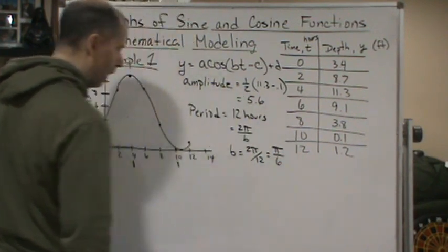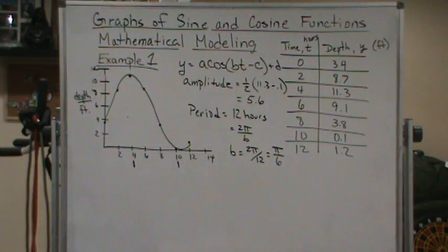So B is equal to pi over 6. Good, we got A and we got B now. Awesome. Now, what else can we do? Let's find out what C is.